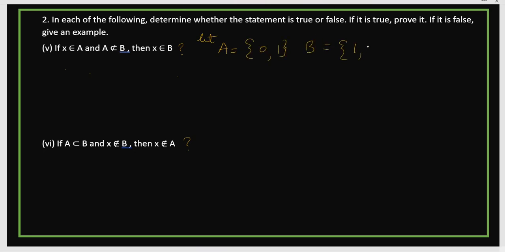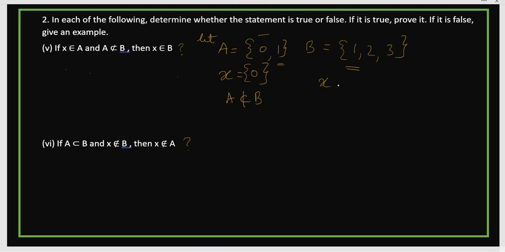B is {1, 2, 3}, and we'll take an arbitrary element x equal to 0. Clearly, A is not a subset of B. Correct? Clearly, A's elements are not all present in B. So, A is not a subset of B.